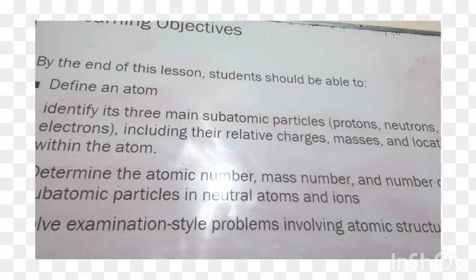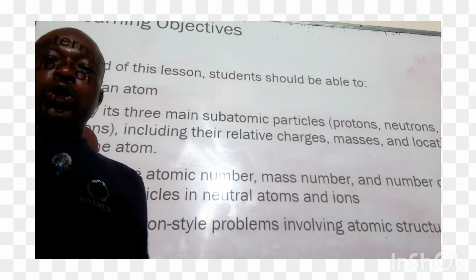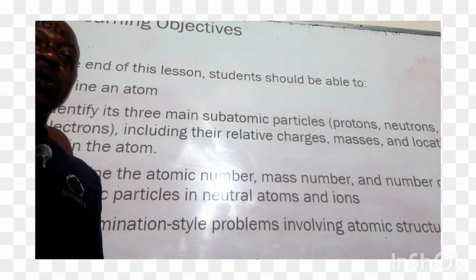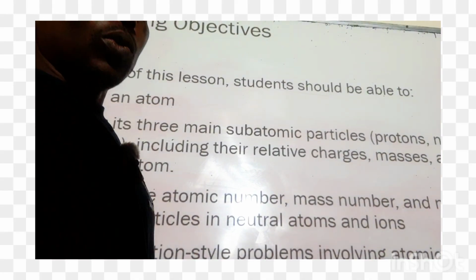Students should also, number 3, be able to determine the atomic number, mass number, and number of subatomic particles in a neutral atom, as well as in an ion. 4th objective, students should be able to solve exam style problems involving atomic structure. This is what we intend to achieve in this particular edition of this class. So let's go ahead.